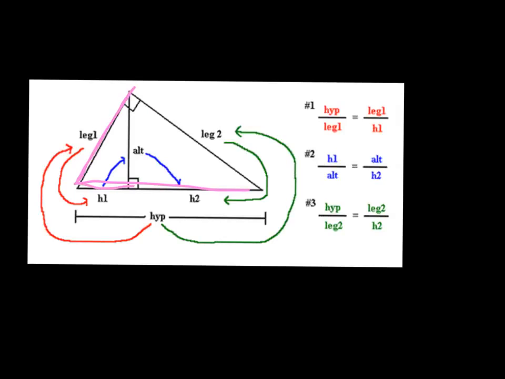And the T rule, which is hypotenuse 1 over altitude, altitude over hypotenuse 2. So those are the two rules. This is the L rule, T rule. Okay, so I think we are ready for some practice problems.